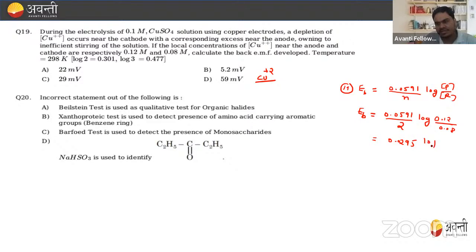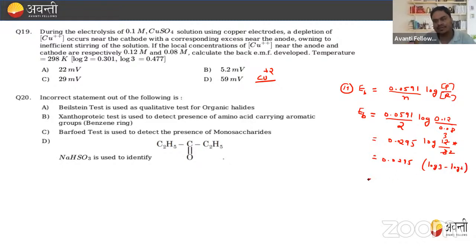0.0295 into log; I just solve this, so it comes out to be log 12 upon log 8, 10 raised to the power 2 and 10 raised to the power 2 cancel each other out. So it comes out to be log 3 upon 2. Given the log 3 and log 2 values, this is 0.0295 times (log 3 minus log 2).